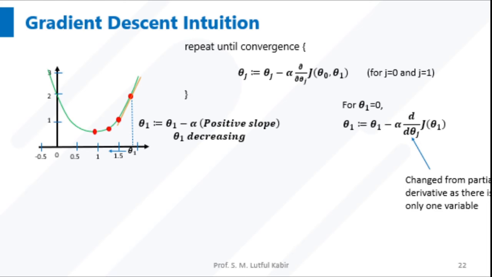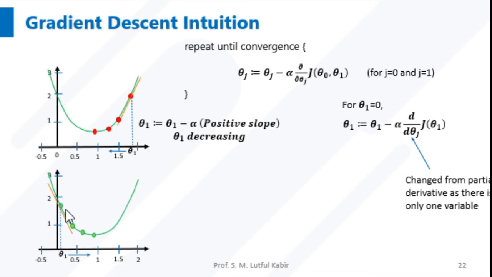On the other hand, if you take another example where the initial point is at that point over there, and if you take the slope at that point, the slope is actually a negative slope, which is the derivative of J at that point.